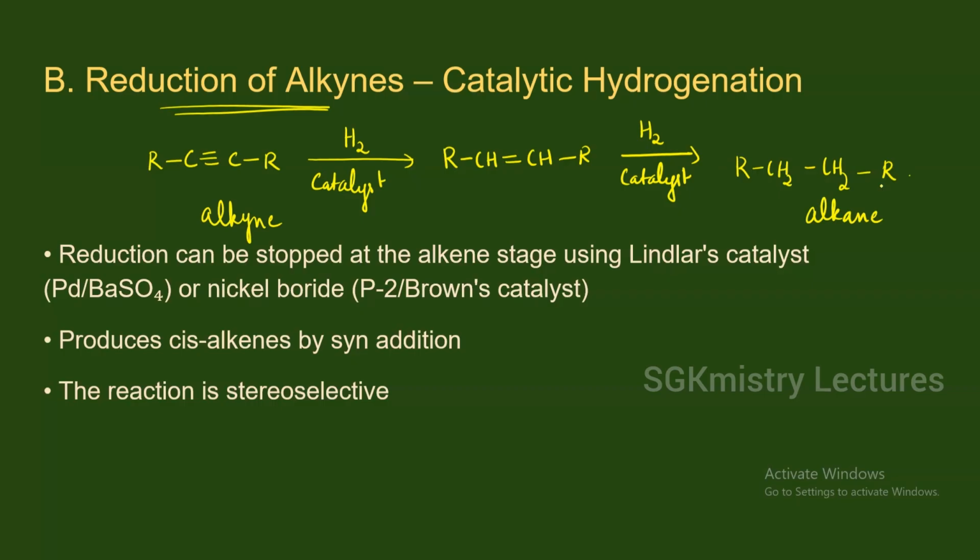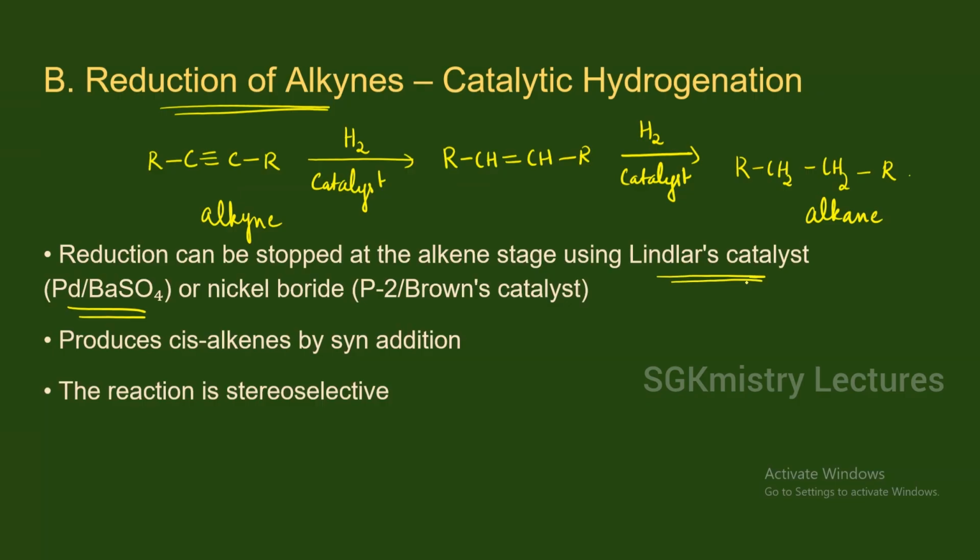This particular reduction can be stopped at the alkene stage by using palladium poisoned with barium sulfate. This catalyst is called Lindlar's catalyst, and using it you can stop the reduction process at the alkene stage itself.